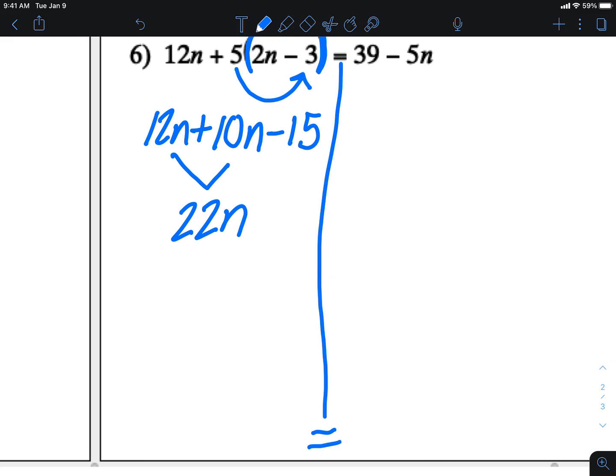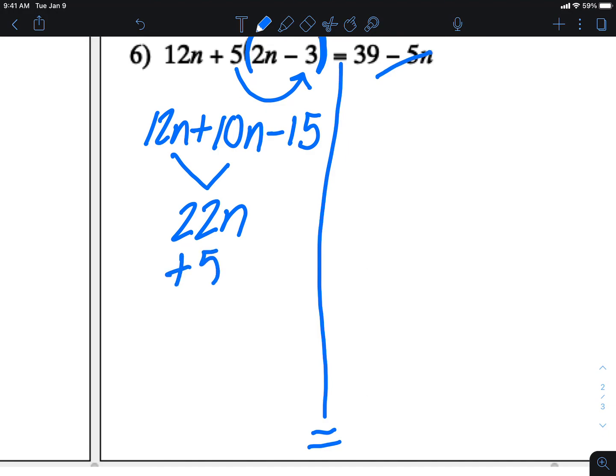So now, look what I notice. I have 22n here, and I have a minus 5n here. But I want these two to be together on the same side. So I'm going to bring this negative 5n over here to the left side. And when it comes over, the inverse or the opposite of minus 5n is plus 5n.